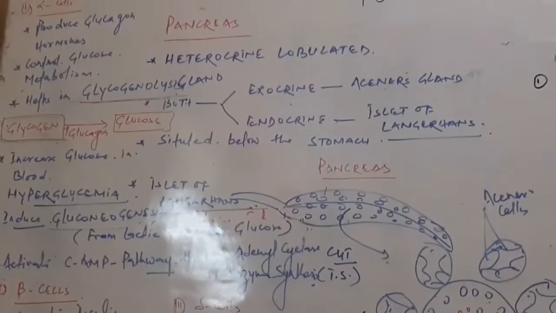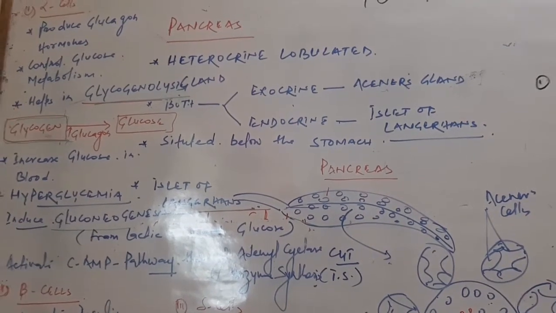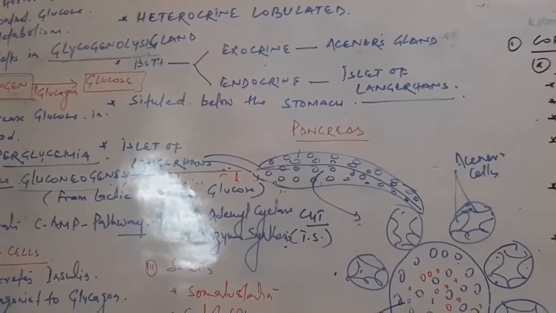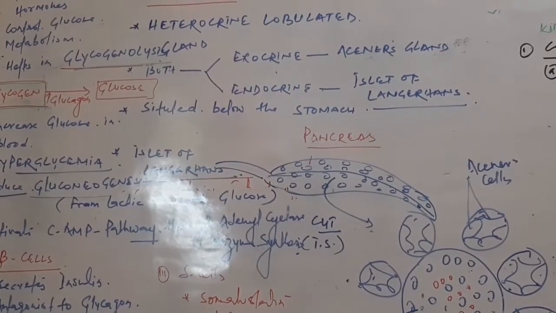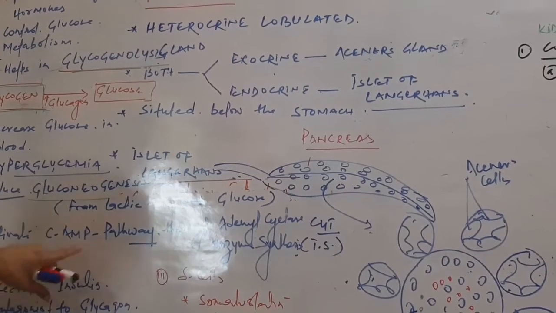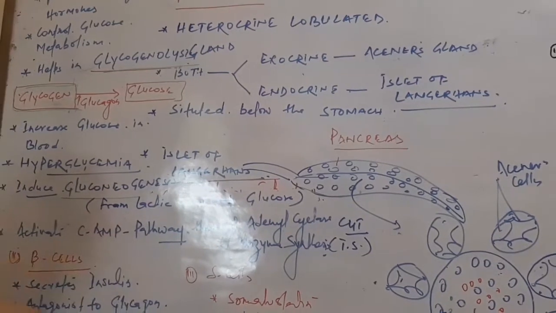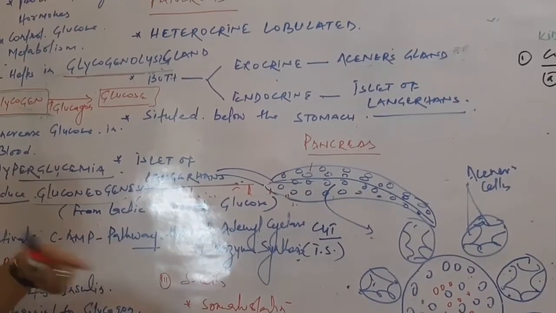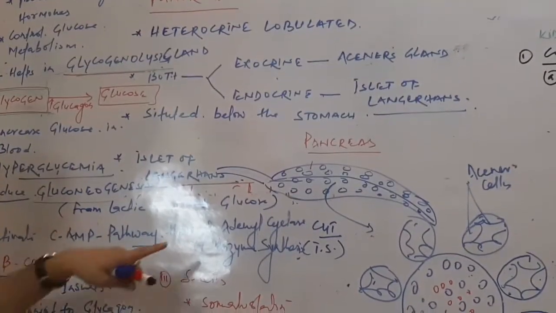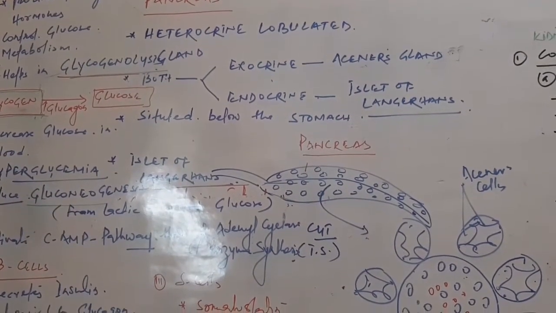Gluconeogenesis is another method, the non-carbohydrate synthesis of glucose. Lastly, it also activates the cyclic AMP pathway. The cyclic AMP pathway is another pathway where a second messenger cascade takes place in the plasma membrane by the action of the adenyl cyclase enzyme. These are the main functions of glucagon.